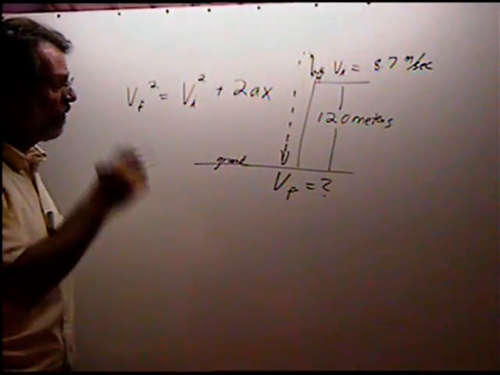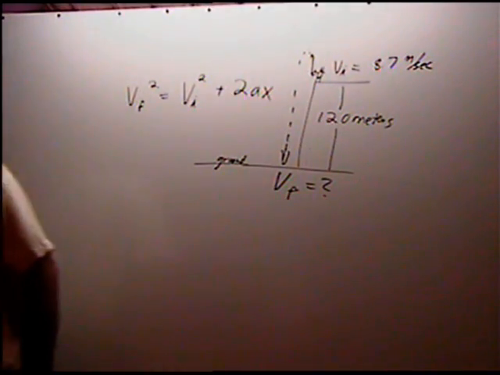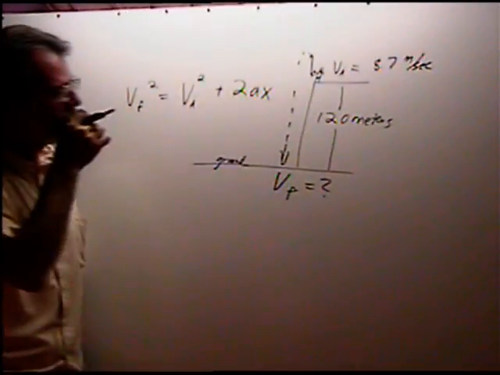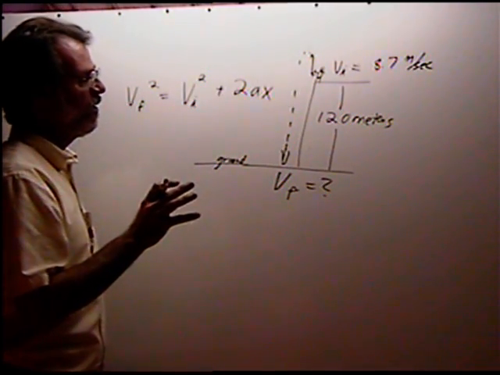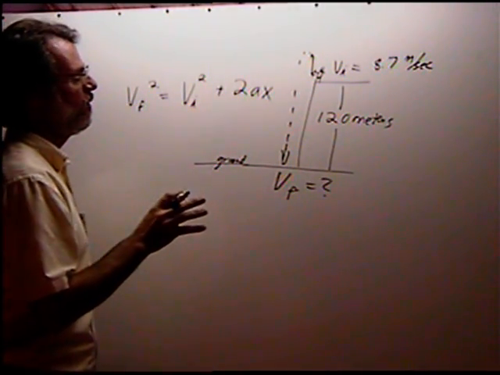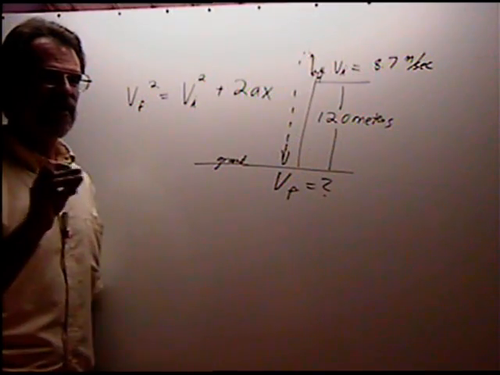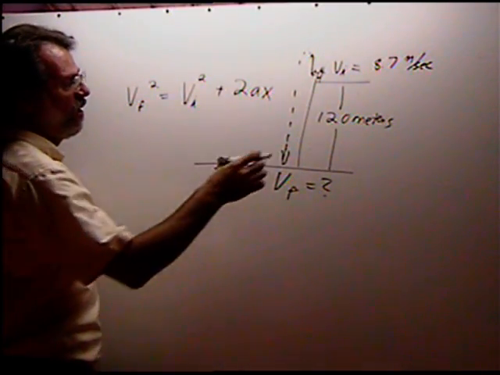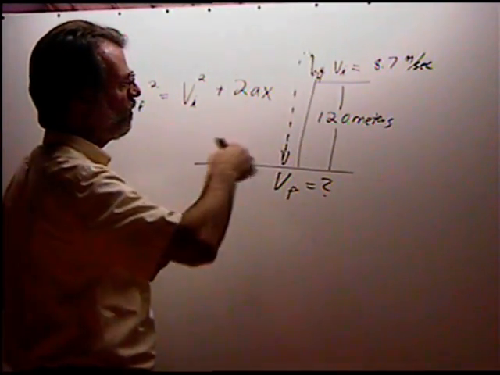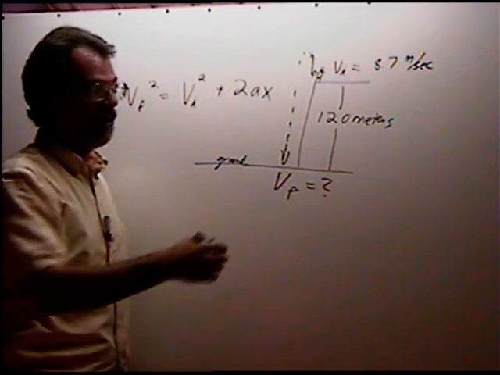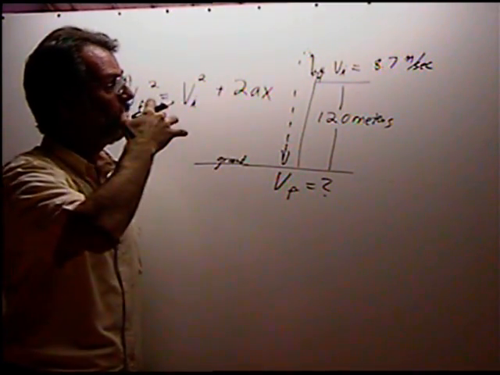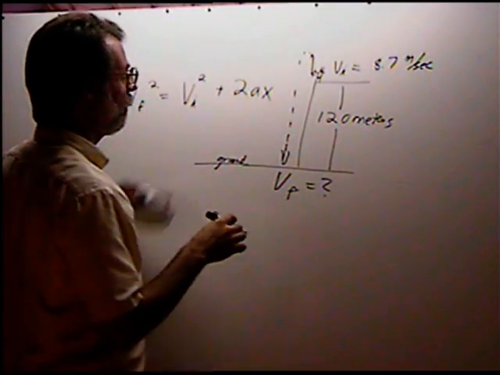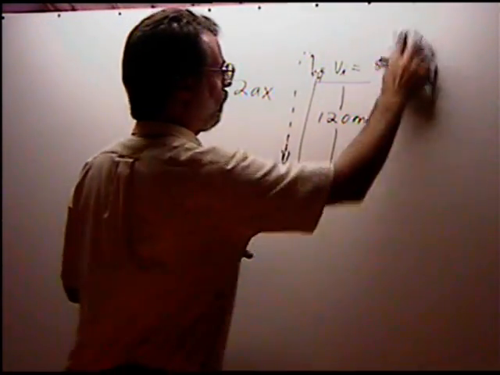Okay? So in this case, this is a good problem to do because it introduces the idea that the signs are very important. This is a one-dimensional problem, but it's a one-dimensional problem in the vertical axis. Okay, so we can set a coordinate system here.